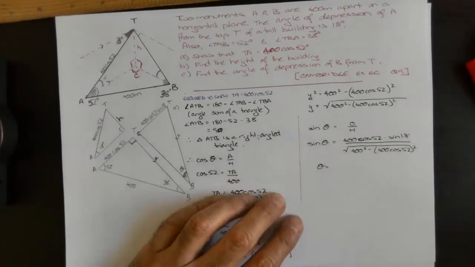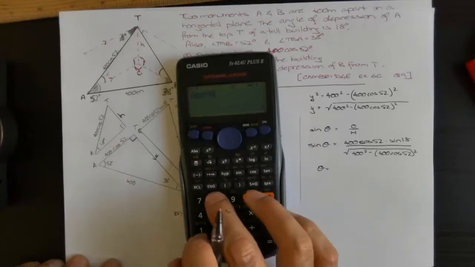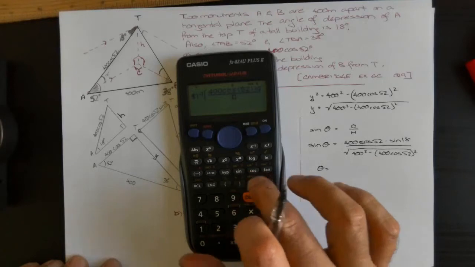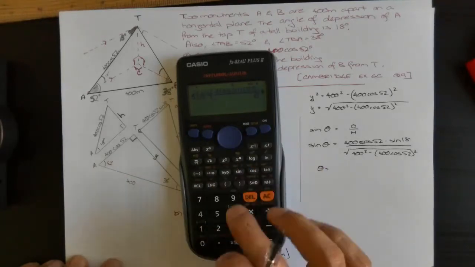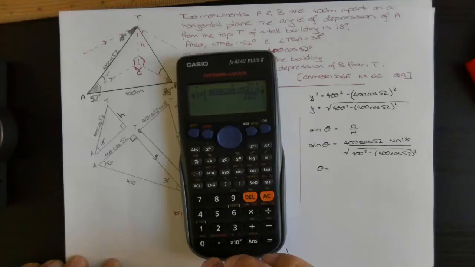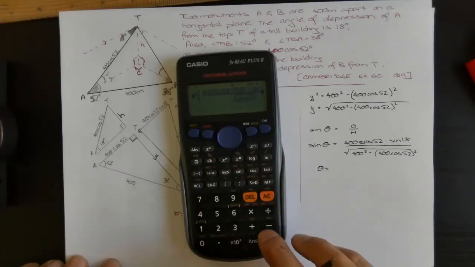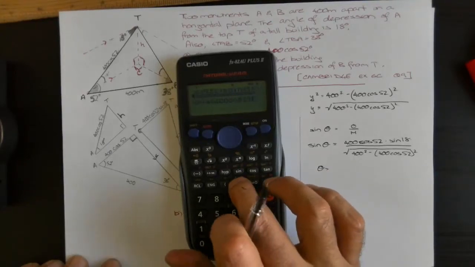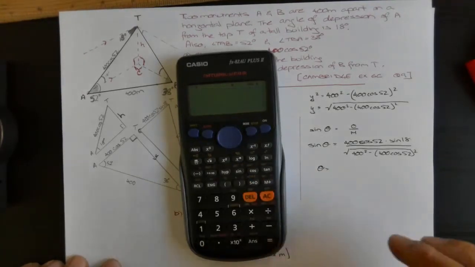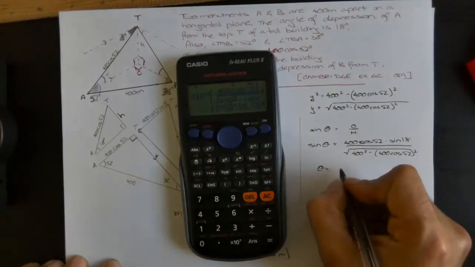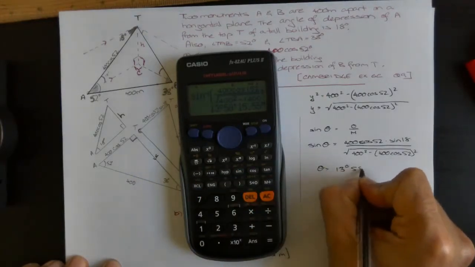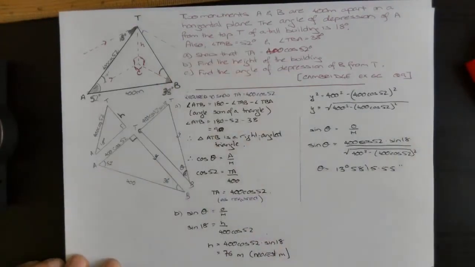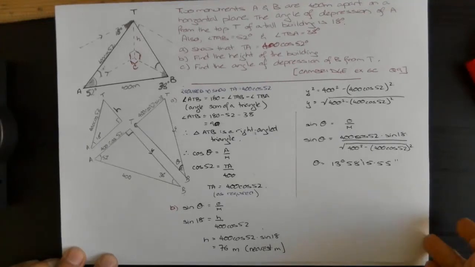So plugging that into our calculator, we get an angle of depression of 13 degrees, 58 minutes, and 15.55 seconds. Okay. All right.